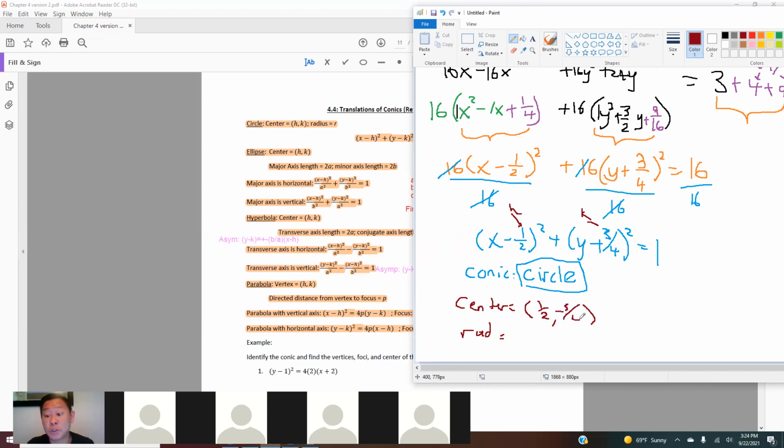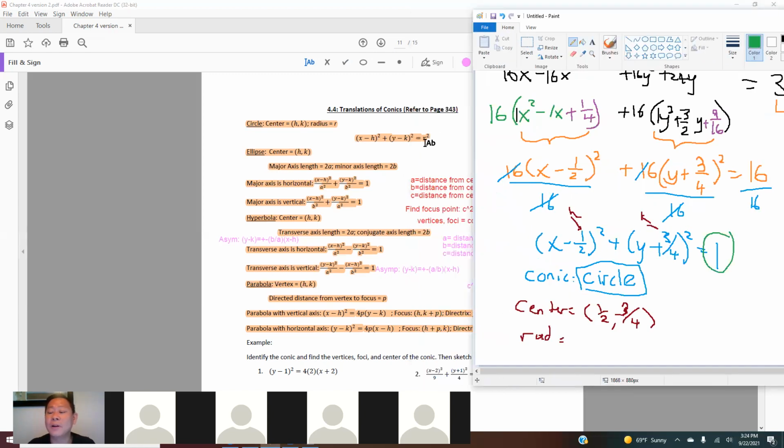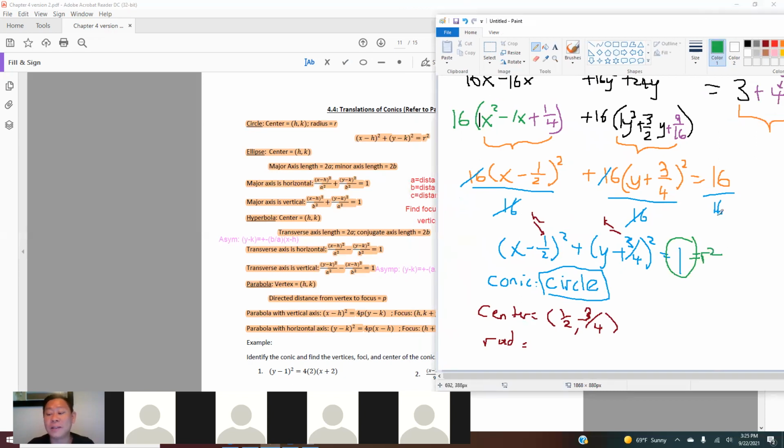As I told you, you switch your sign for H, K. Radius comes from the number here. If you remember the formula, this last number is the radius squared. So in order for us to figure out the radius, you take the square root of it. Can someone tell me what the radius is in this case? It will be just 1.